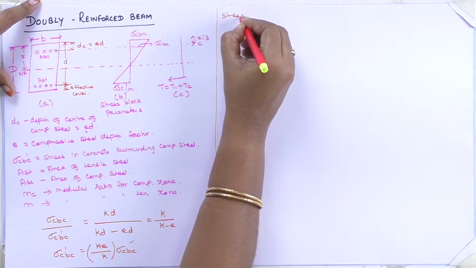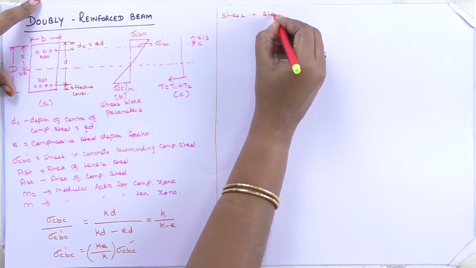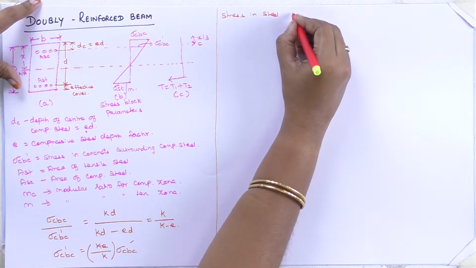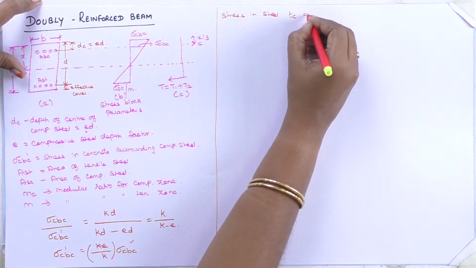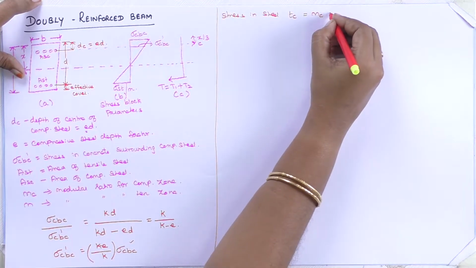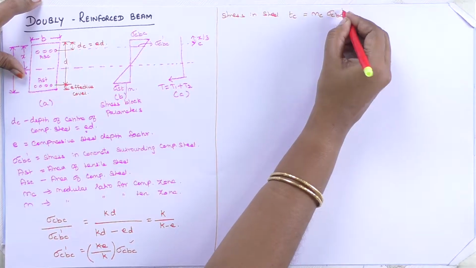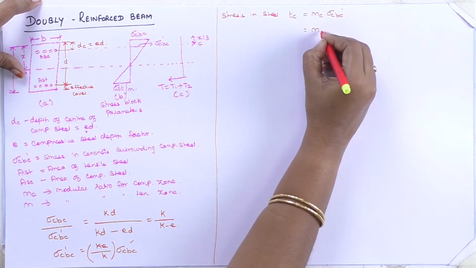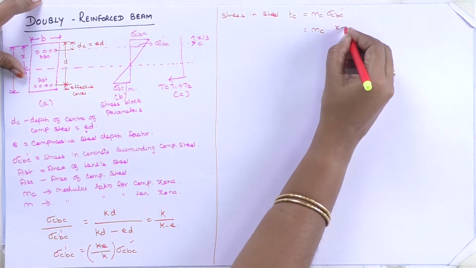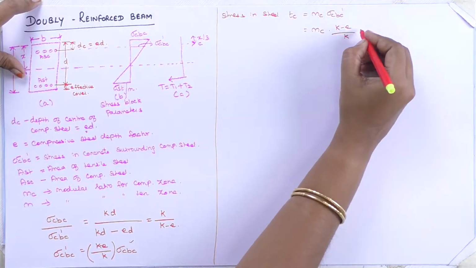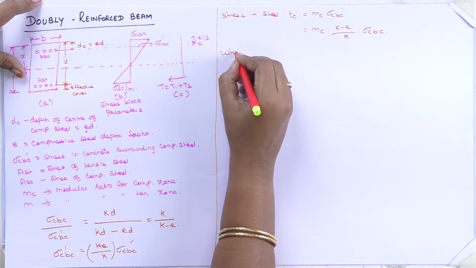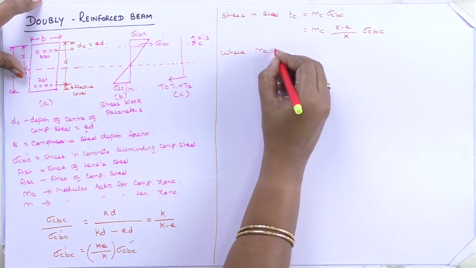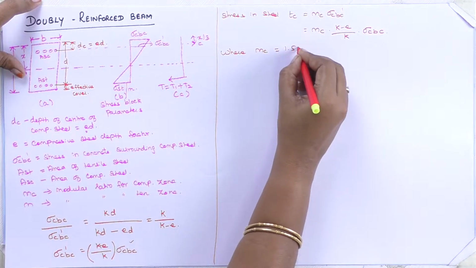Stress in steel: fc is equal to mc into sigma cbc dash, that is equal to mc into k minus e divided by k into sigma cbc, where mc is nothing but 1.5 times m.